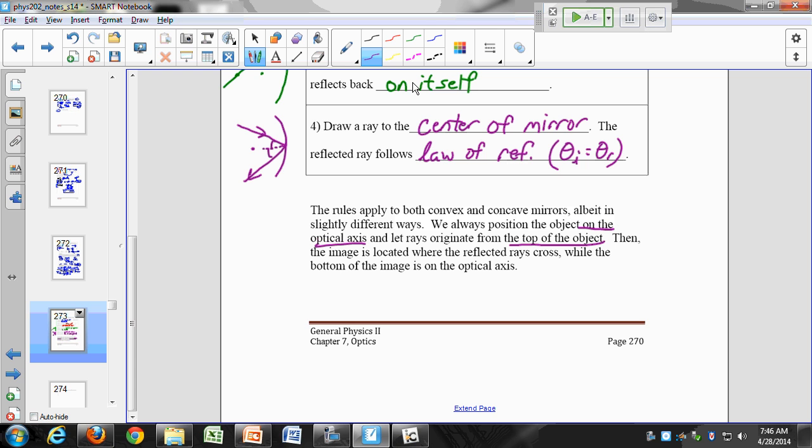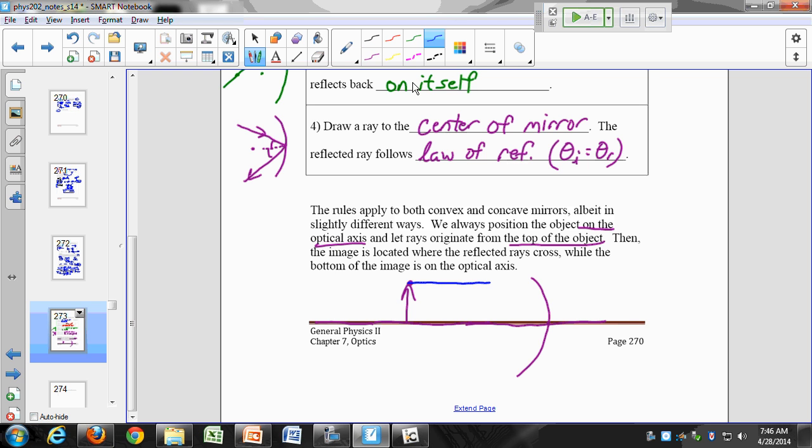Let's say this line is my optical axis, the axis that bisects the mirror. My mirror would be right there, and I would have an object drawn with its base at the optical axis. Your rays are always going to originate from the top.